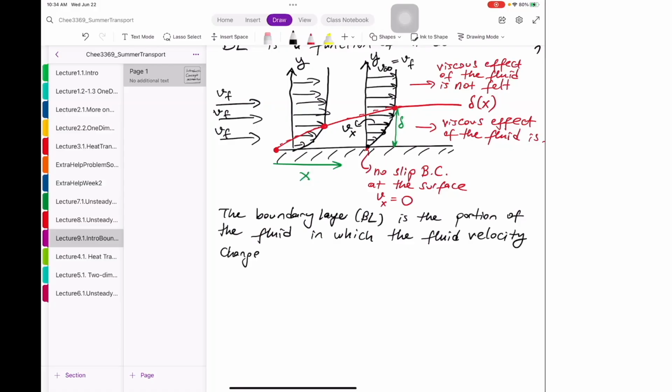Okay, as you can see here, the fluid velocity is changing, increasing, but beyond that, it's not changing, it's the same.